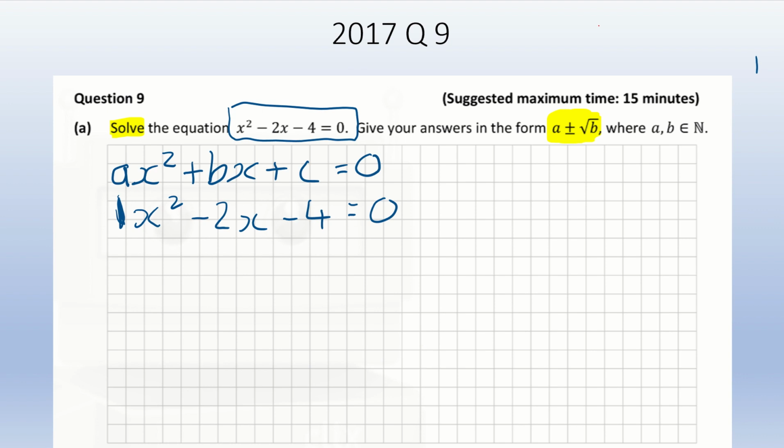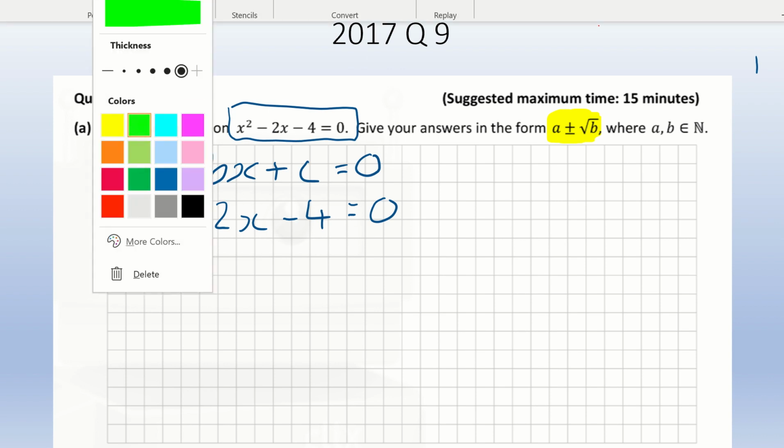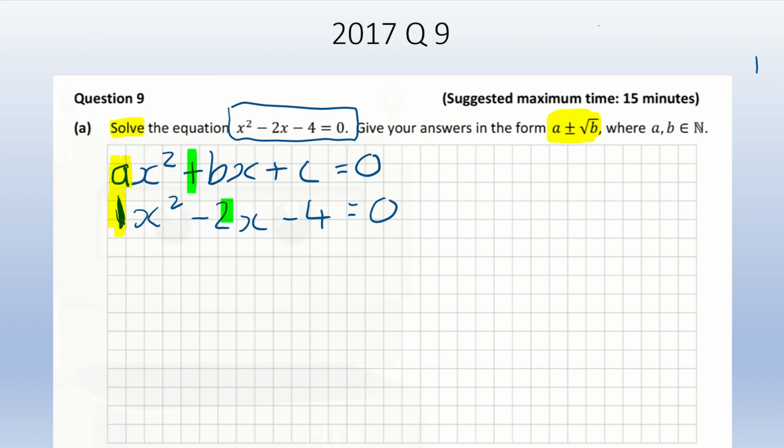If we were to combine our two quadratic equations, we'd see that the a, the thing in front of my x squared, is going to be 1. We would see that the b, the thing in front of my x, is going to be minus 2.